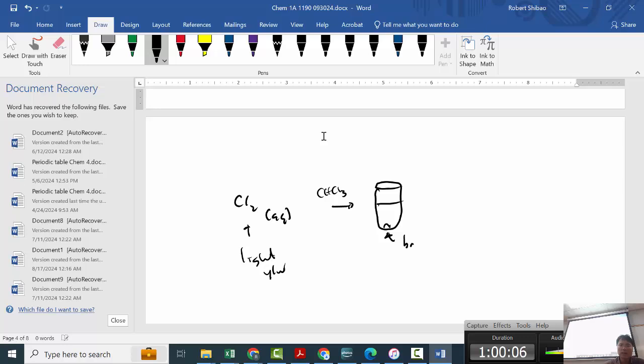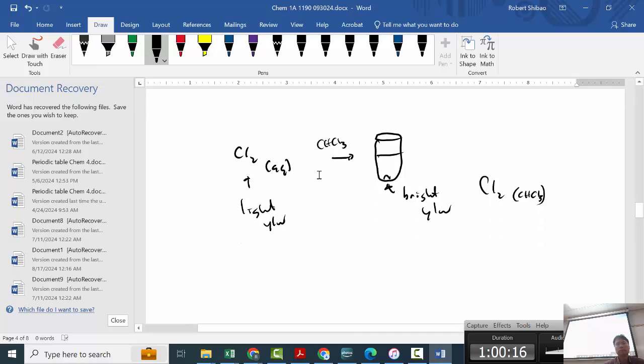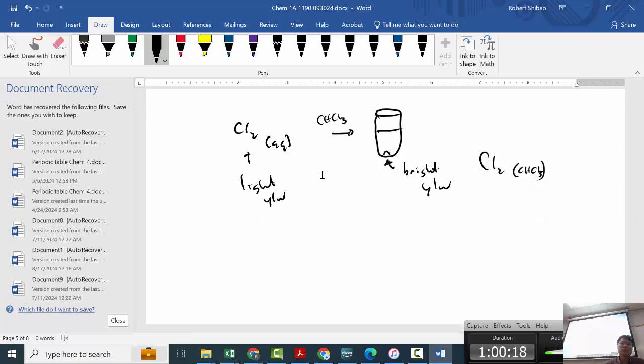So this comes out bright yellow: chlorine in chloroform. These are just your reference colors, the control group.